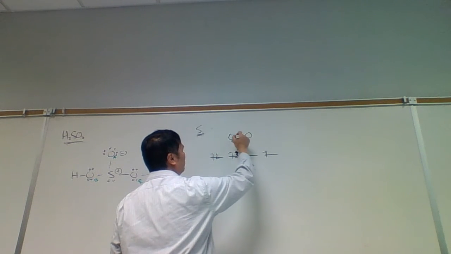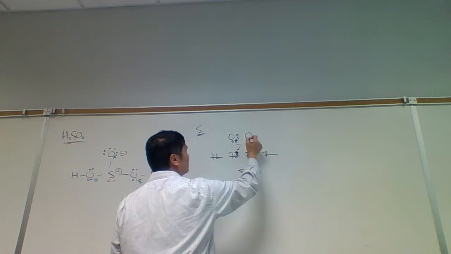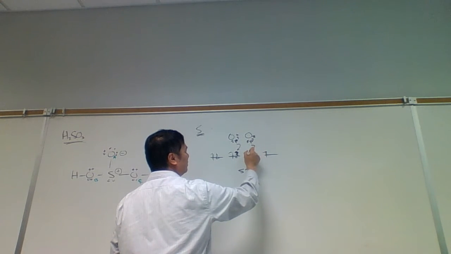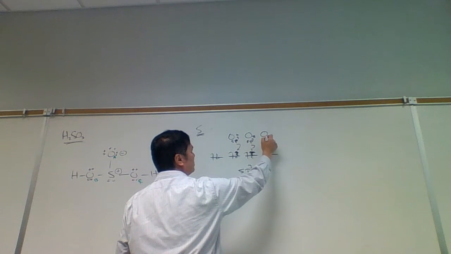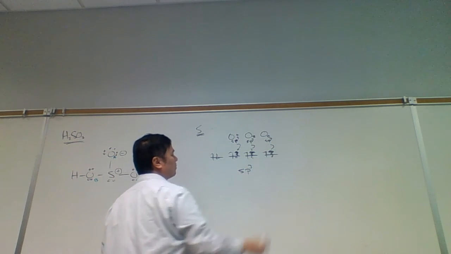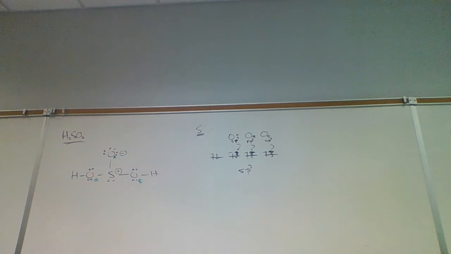And then we have oxygen A, and oxygen B comes in with an sp3 and bonds here. And oxygen C has an sp3 and bonds here. That's that.